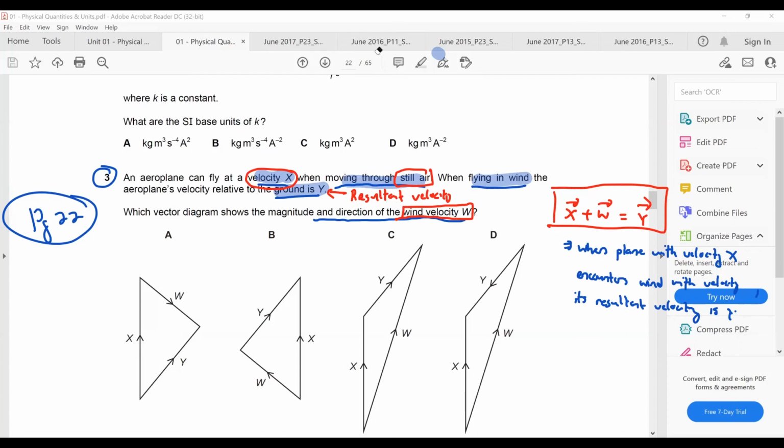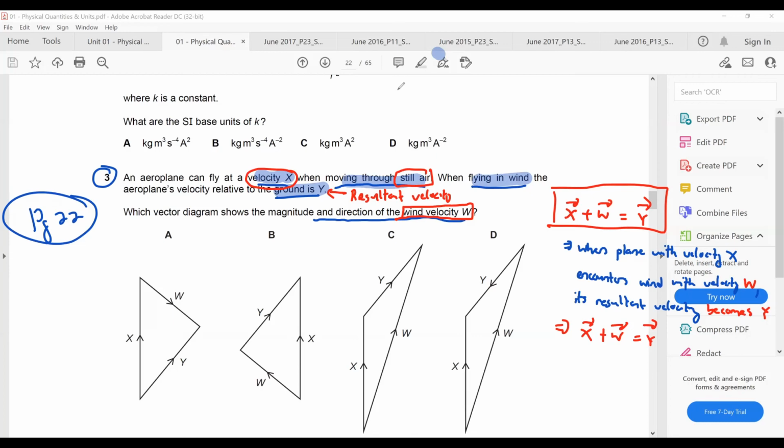Basically, what it's telling you here is this. When plane with velocity x encounters wind with velocity w, its resultant velocity becomes y. Which in turn gives you this equation, x plus w equals y.